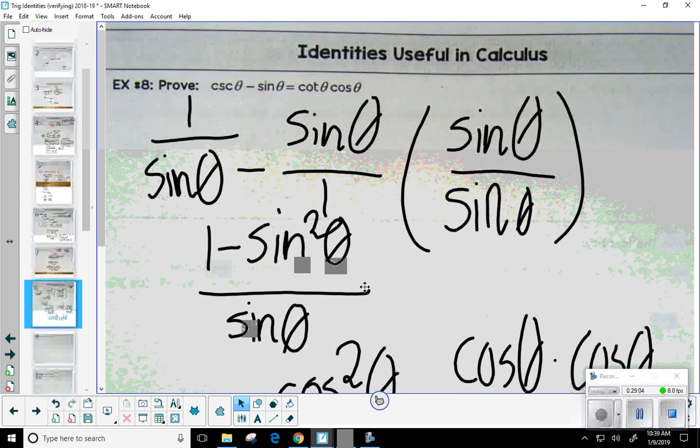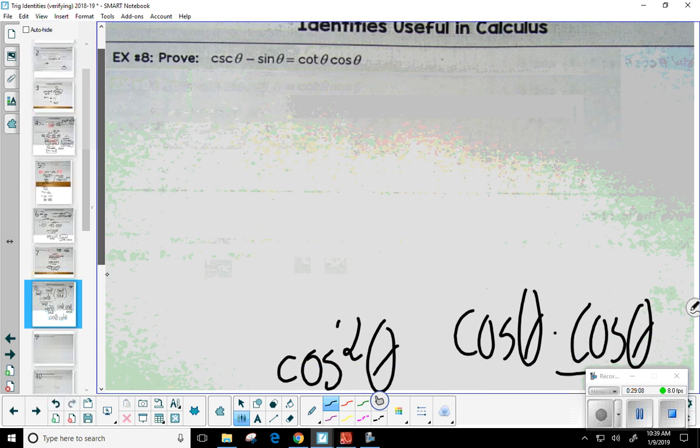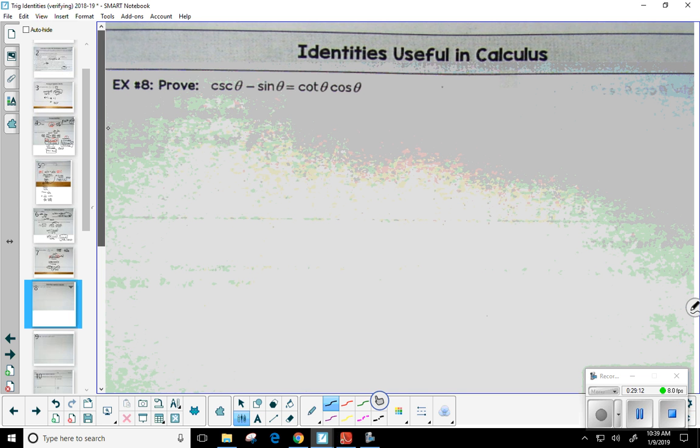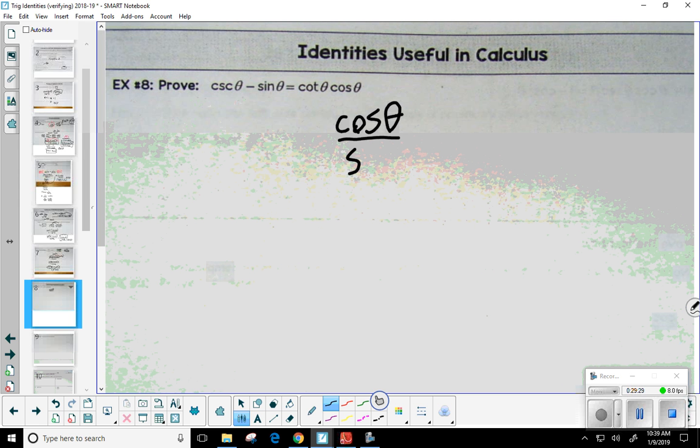Okay. So, Rhett, you're the first person I saw who raised your hand. Okay, so cotangent cosine. Okay. Oh, I was just going to ask you what you did, but yeah, come on up. There you go. Perfect. Okay, so Rhett's going to show us what he did on the right side. So cotangent is cosine over sine.